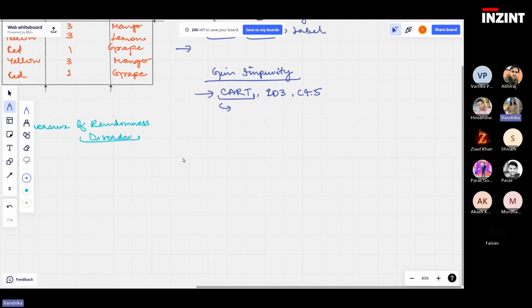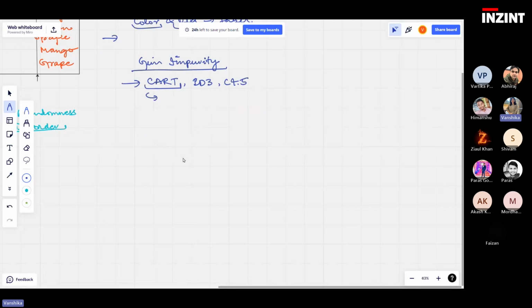Okay, so let's decide how to draw it. The first thing that I would like to write here, this is step 1: whatever feature produces the least impurity will be selected to split the tree.